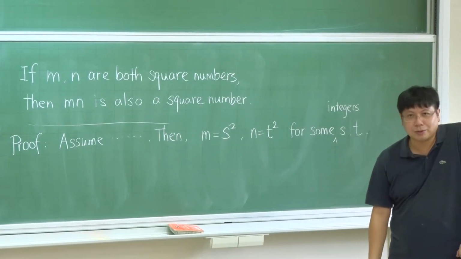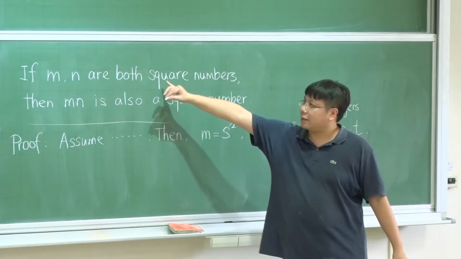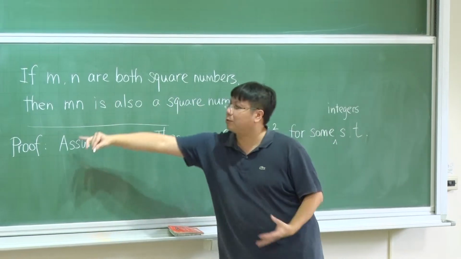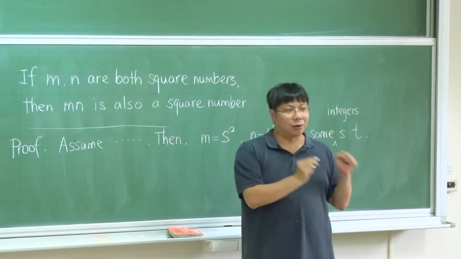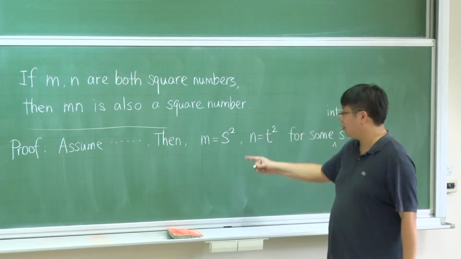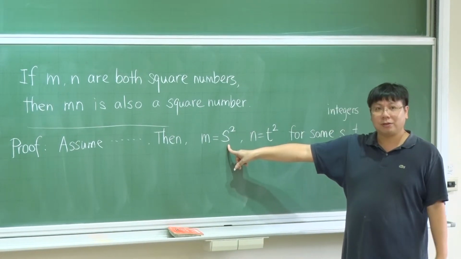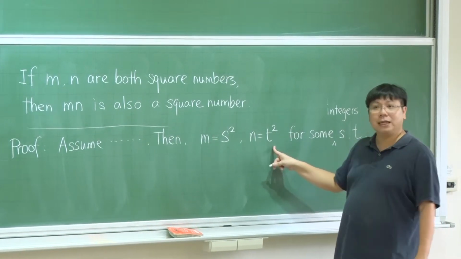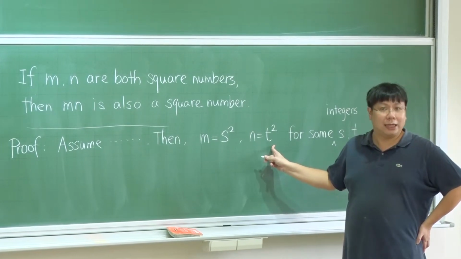This is what we can conclude so far. After the assumption that m and n are both square numbers, we have this assumption there. We assume this is true. So we can next say, because it is a square number, m must be equal to some s squared, and n must be equal to some t squared, for some s and t. Is that okay?